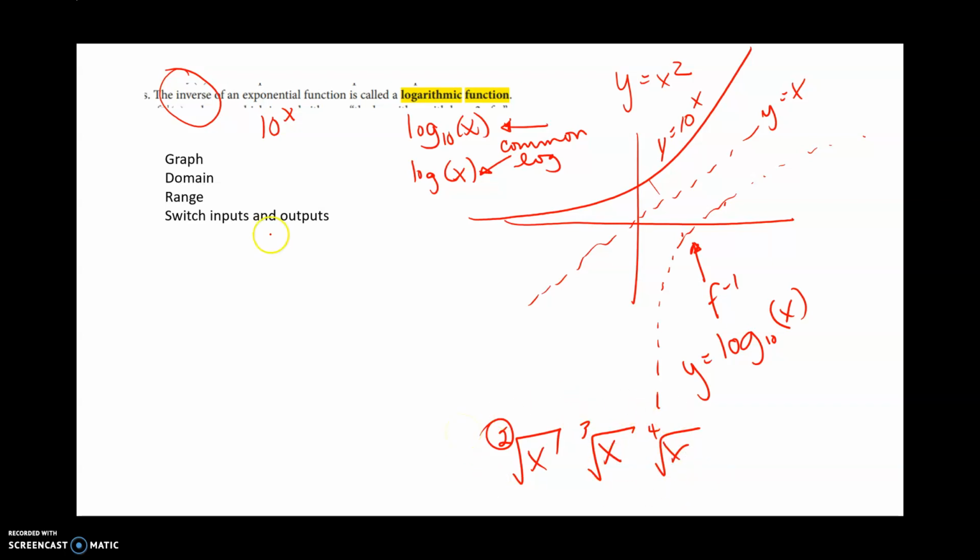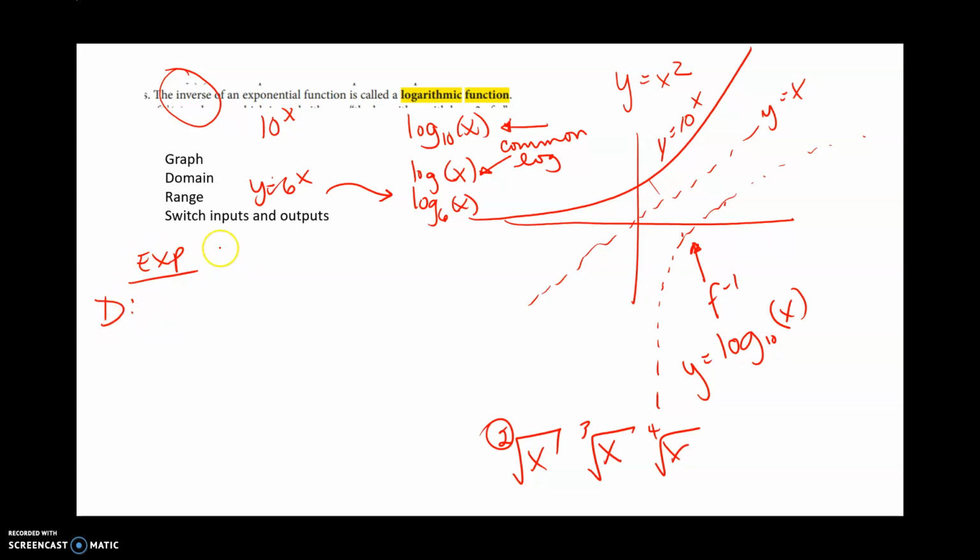So let's say I had an exponential function y equals 6 to the x. Well, its inverse is a log function, log base 6 of x. On the next slide, we'll get into how we can go back and forth between them. But let's talk about exponential functions in general.